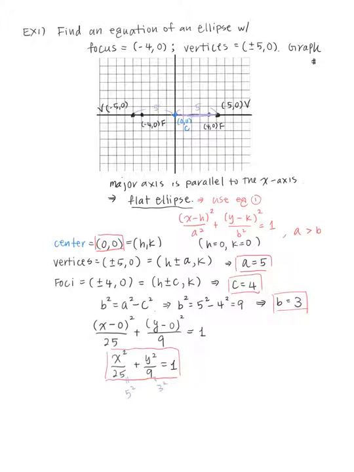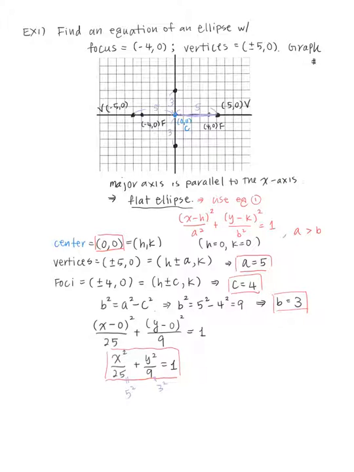So along the minor axis, you're going to have to go from the center up 3 and down 3. So you go 1, 2, 3, and then plot the dot. And 1, 2, 3, and plot the dot.